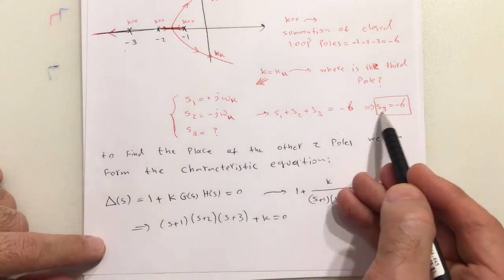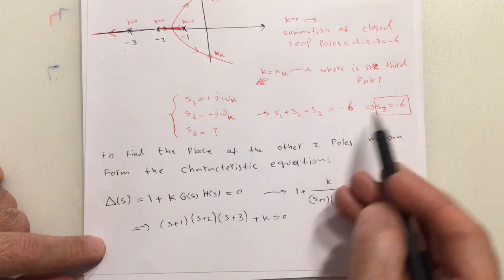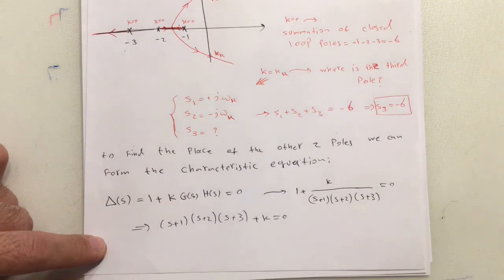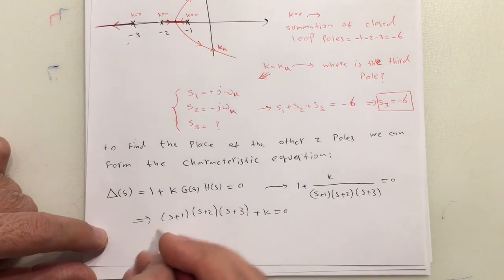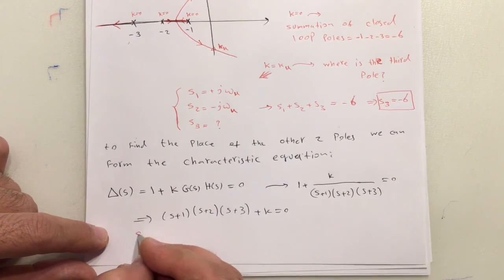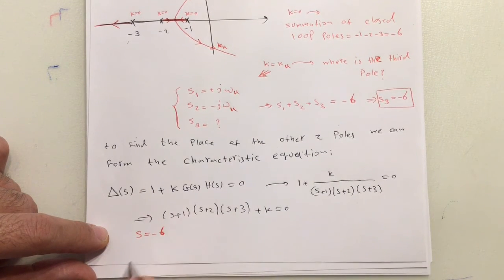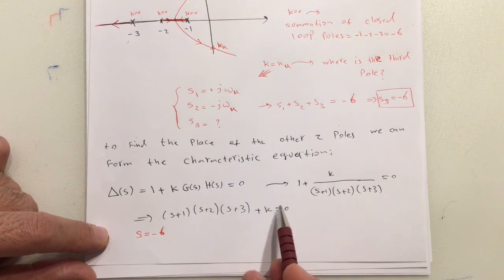You can substitute s equal minus 6 and find k, and the k you will find is ku. So in this equation, if you set s equal minus 6, you want to know for what k one of the roots of this equation is minus 6.